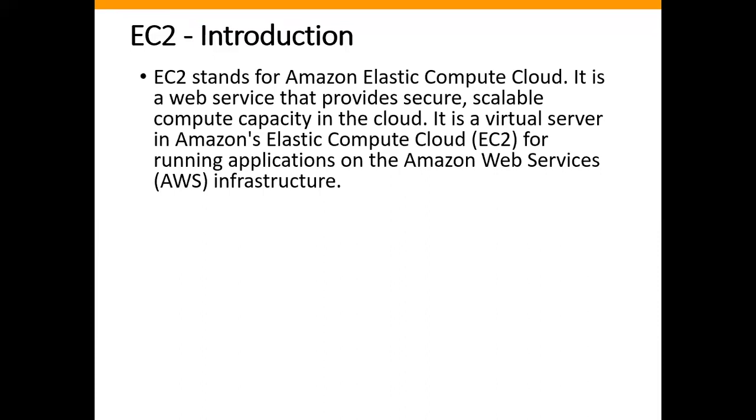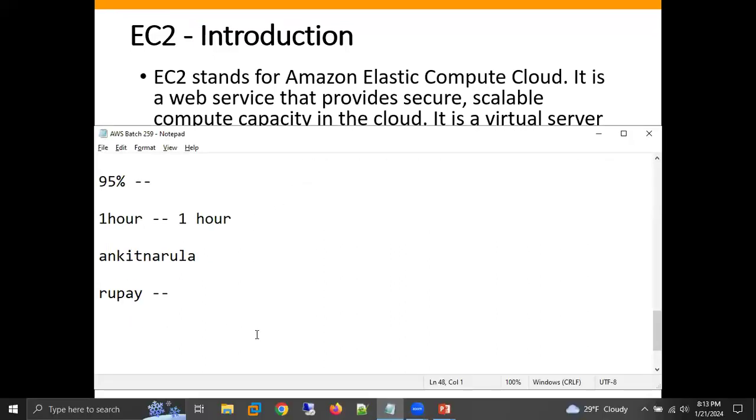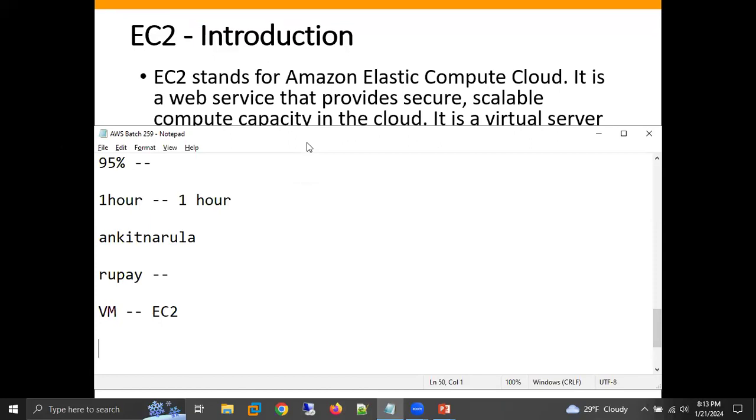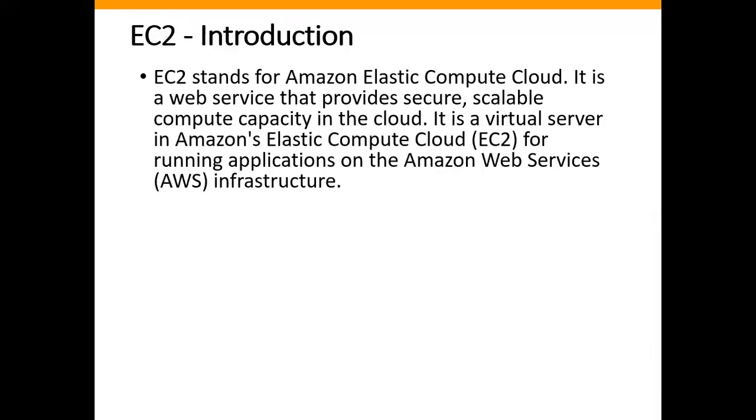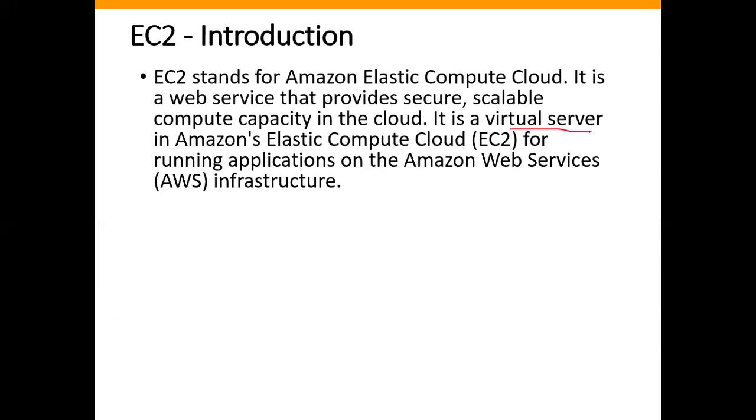In our daily language, we call it a virtual machine. But in AWS, it is called EC2. Now, what is a virtual machine or EC2? It's a virtual server which we are going to create on Amazon infrastructure.